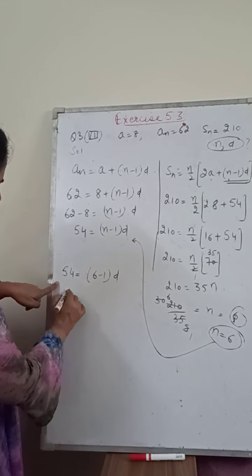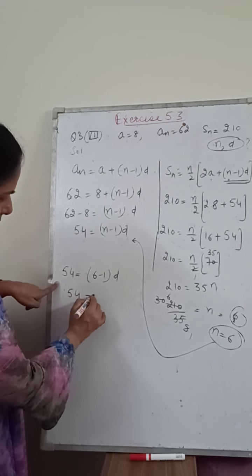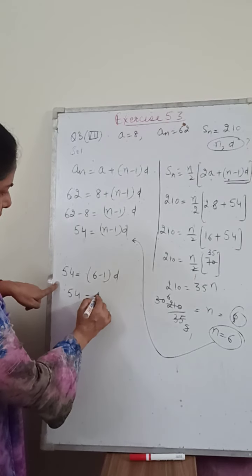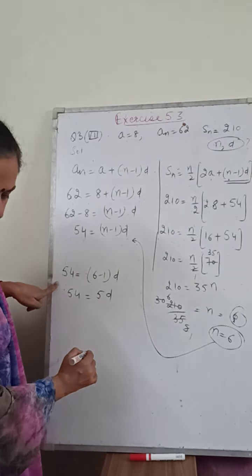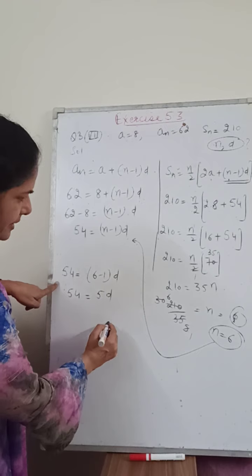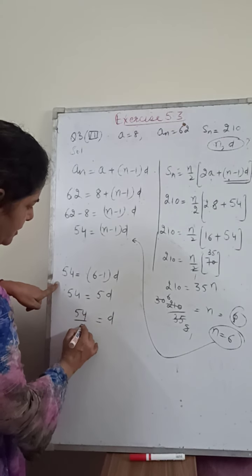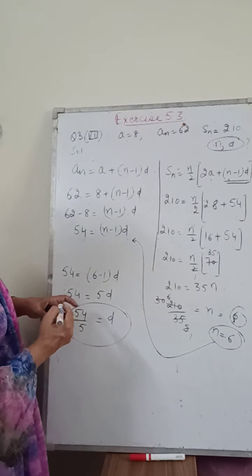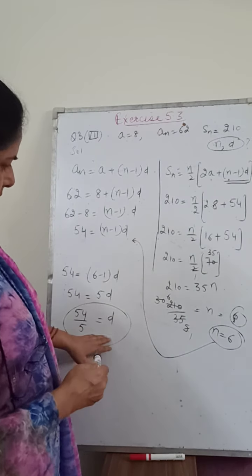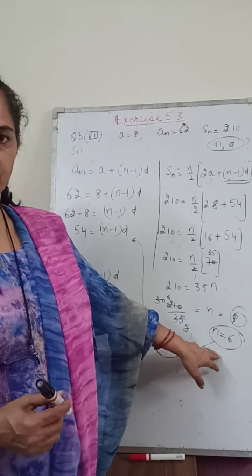Clear? 54 is equal to 5d, and d will be equal to 54 upon 5. This is your d and this is your n.